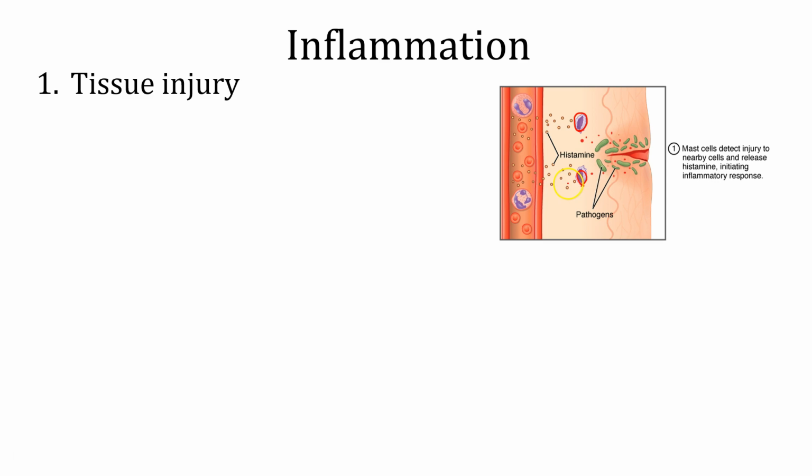A mast cell is kind of like a basophil inside the blood, but it's out in the tissues, in the connective tissues. So when there's injury to the body, generally the mast cells will start releasing histamine, and histamine is the big compound that initiates the inflammatory response.